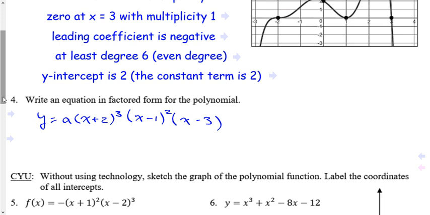So I'll give you a minute to do that. Well, we can't see it until we expand it out.